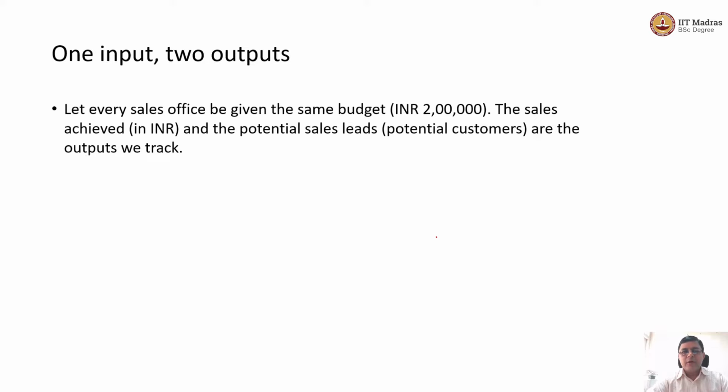One output that we have always been tracking is the sales in rupee value. But let us also consider one more very generic, very commonly used output, which is potential leads, right? These are the potential customers whom we have targeted, whom we have approached, and they definitely look promising. They might end up buying. Now you can say that my entire market size is my potential customers.